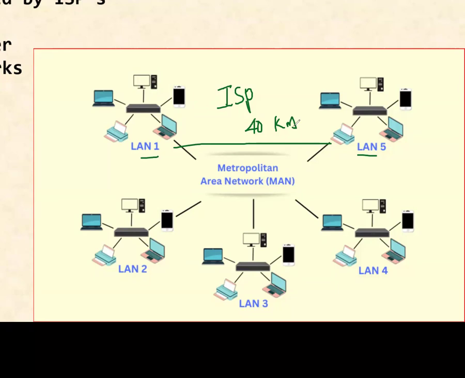Remember the distance, it is 40 kilometers. Is it possible for anyone to make a connection between two branches which are 40 kilometers away from each other by using a cable? Okay, I got an answer here as no.